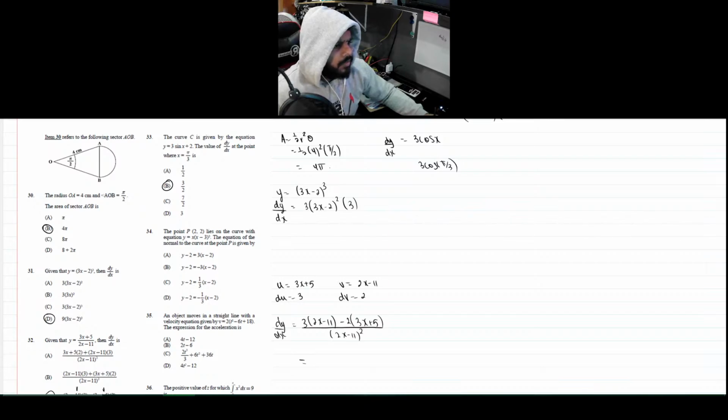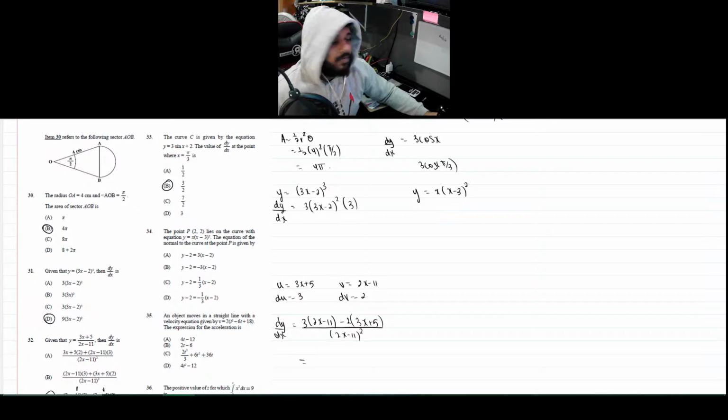The point P lies on the curve, and the equation of the normal to the curve is given by... This is a good piece of working here. Alright, so y is equal to x into (x minus 3) squared.